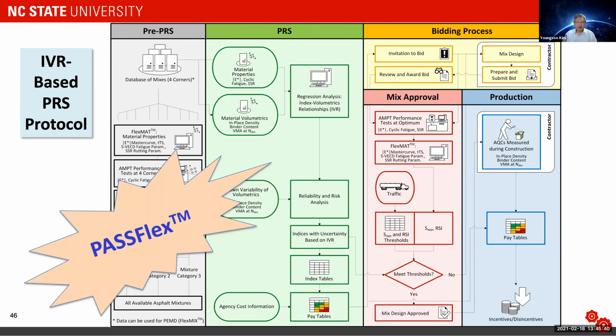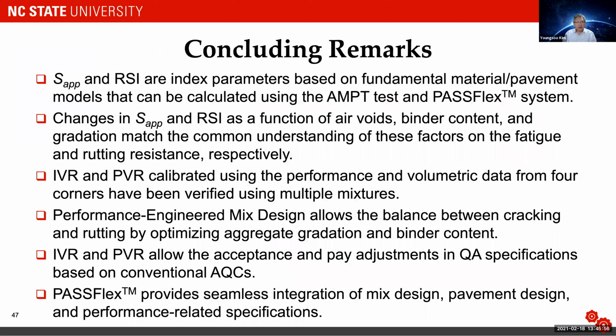And this is programmed in PassFlex. So PassFlex is not just a system of tools, but PassFlex goes through this entire flow chart and develops pay tables for the agencies for their use. Okay, so SAB and RSI, the index parameters from the AMPT test, and the PassFlex system does all that automatically for you.